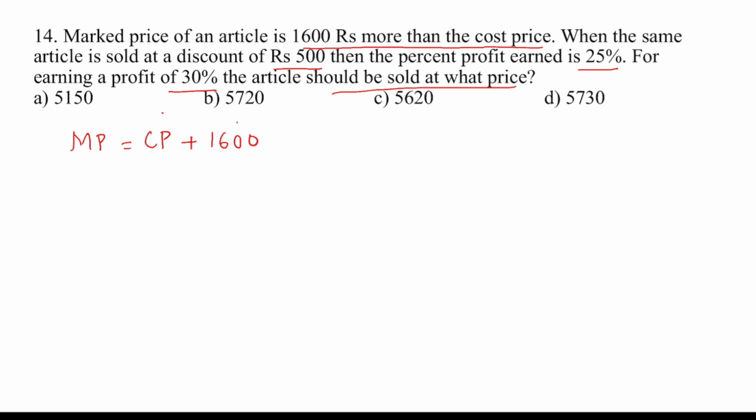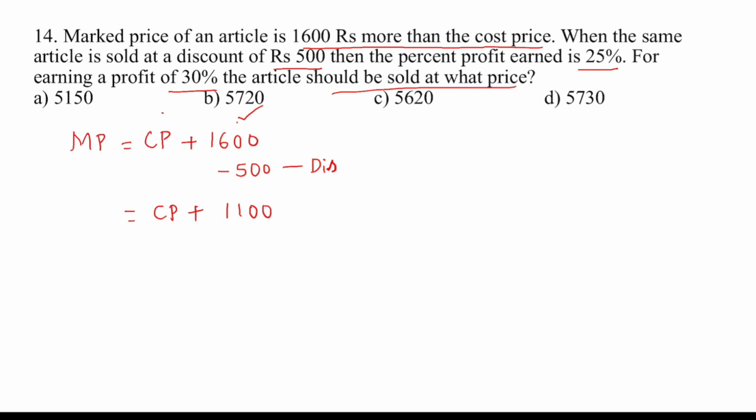And when the same article is sold at a discount of rupees 500, he is giving 500 rupees discount above that. So then the price will be cost price plus 1100.